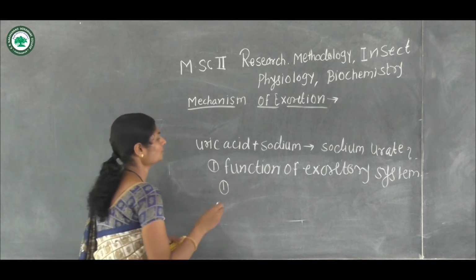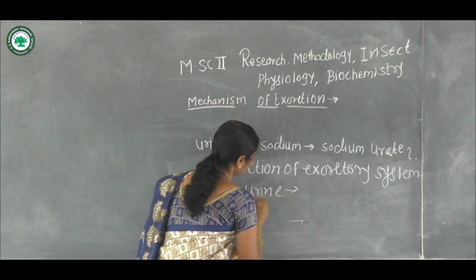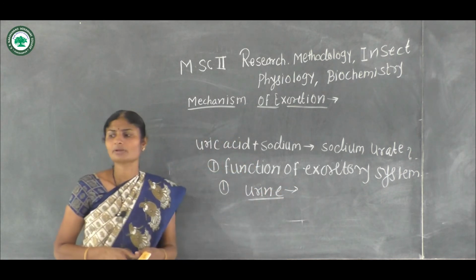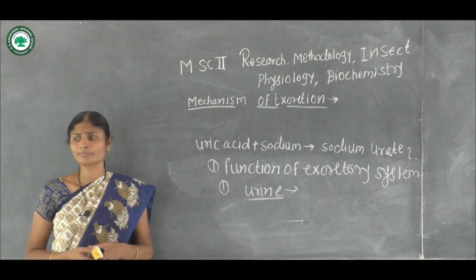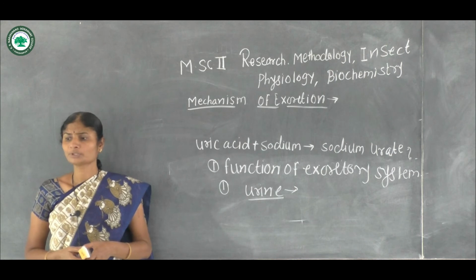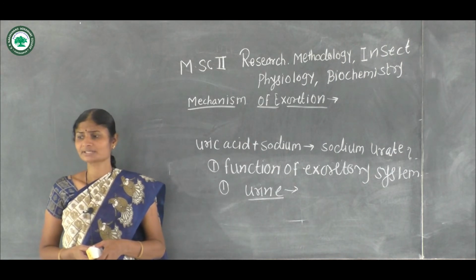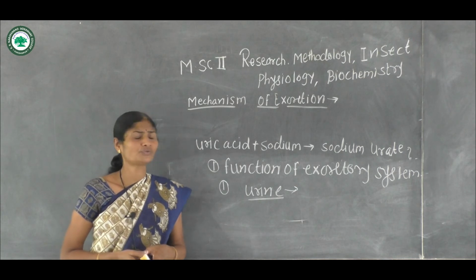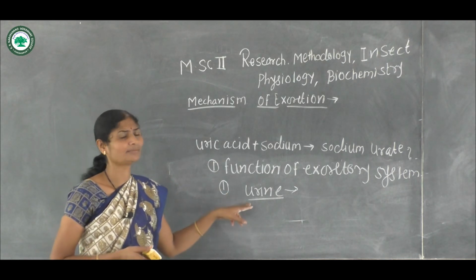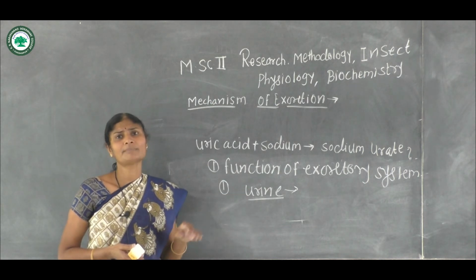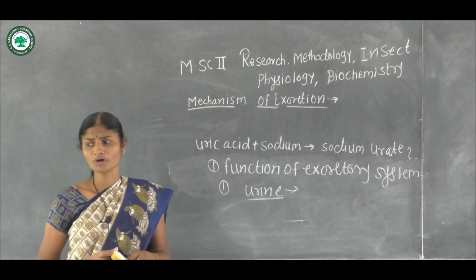Next point is urine. In insects, the physical and chemical properties of urine vary among insects according to their food and environment.